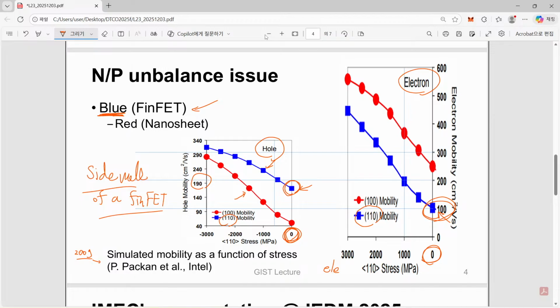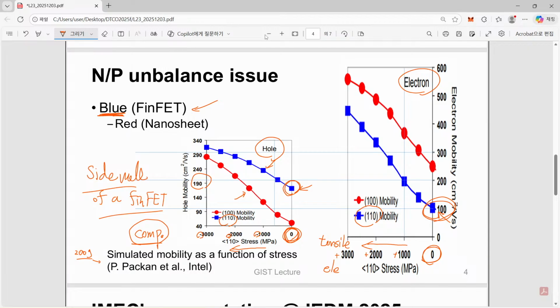Also if we introduce a negative value of stress, negative means compressive stress, and here you can see, although they are drawn in the same way, they are positively signed and negatively signed. It means that in the case of electrons or NMOSFET, we have to introduce tensile stress, and in the case of a PMOSFET, we must apply compressive stress.